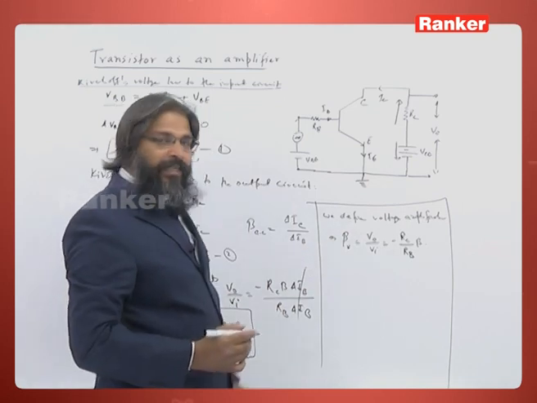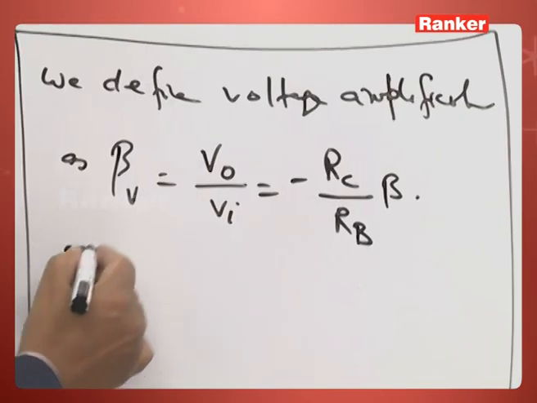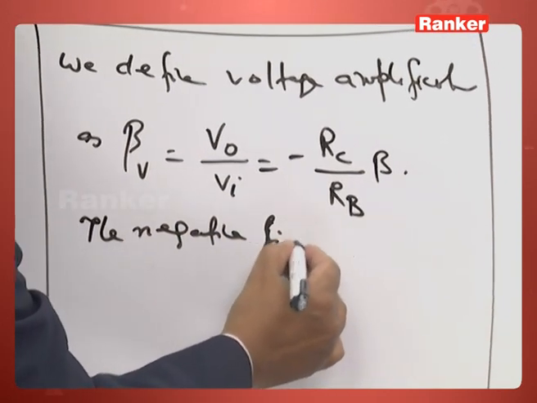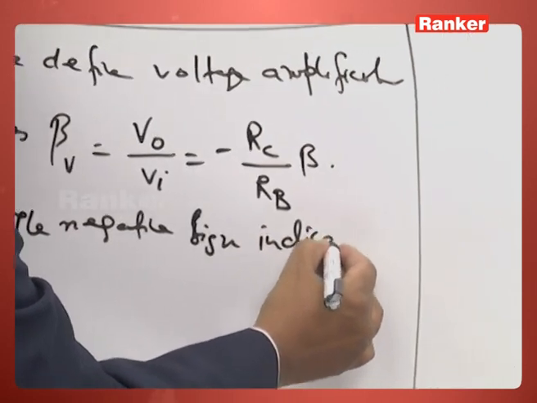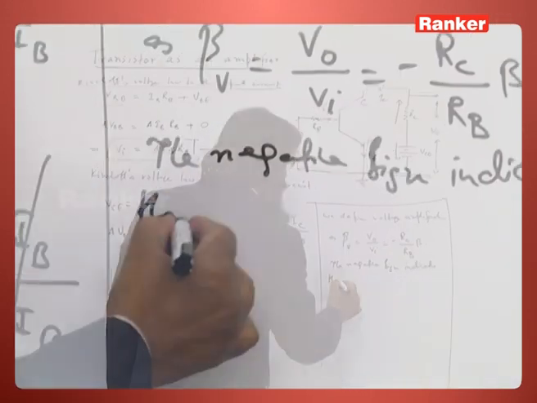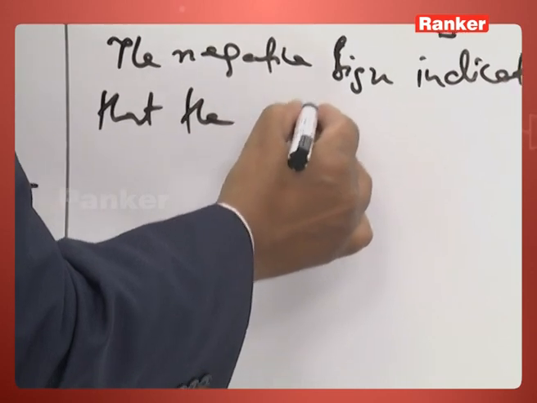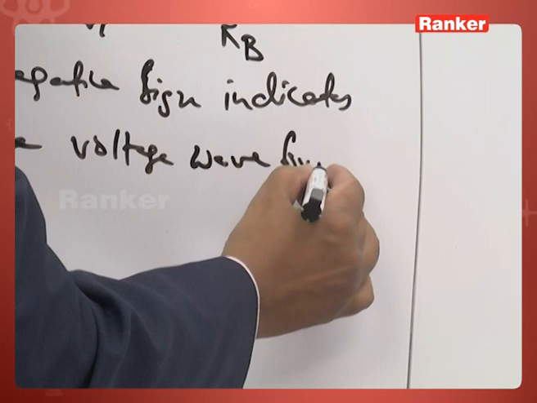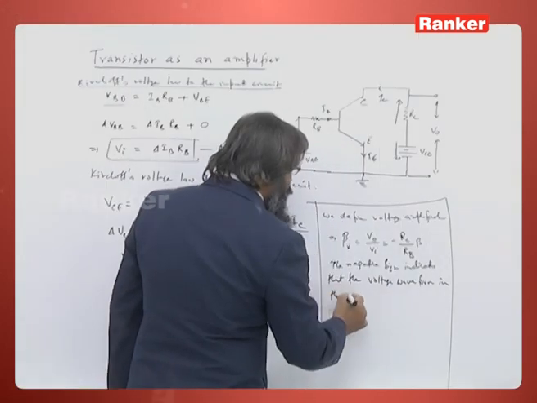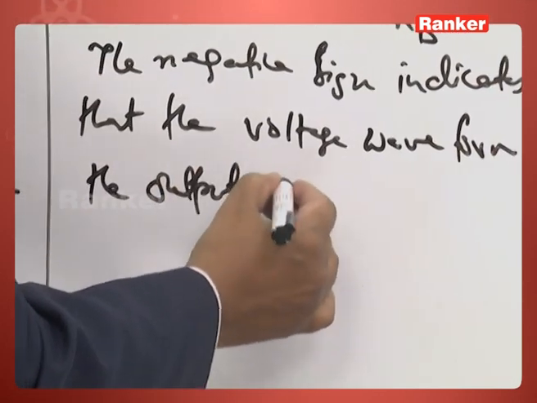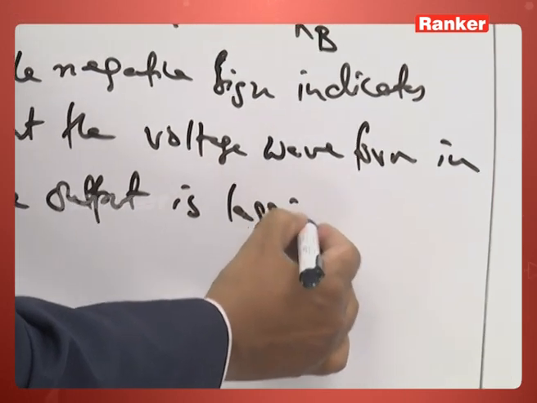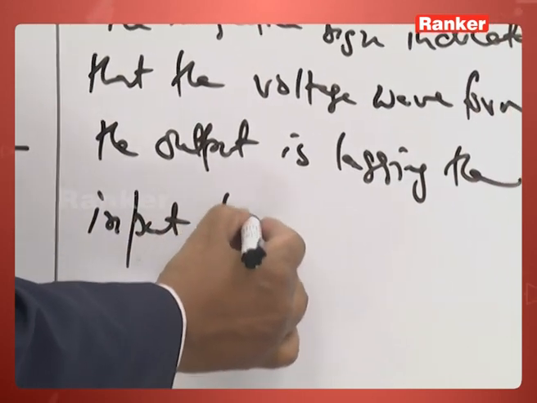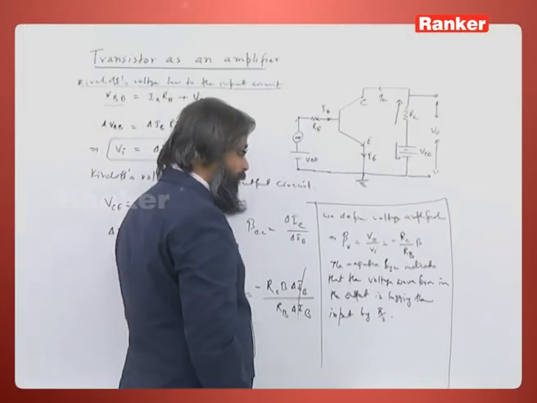The negative sign indicates that the voltage waveform in the output is lagging the input by pi by 2.